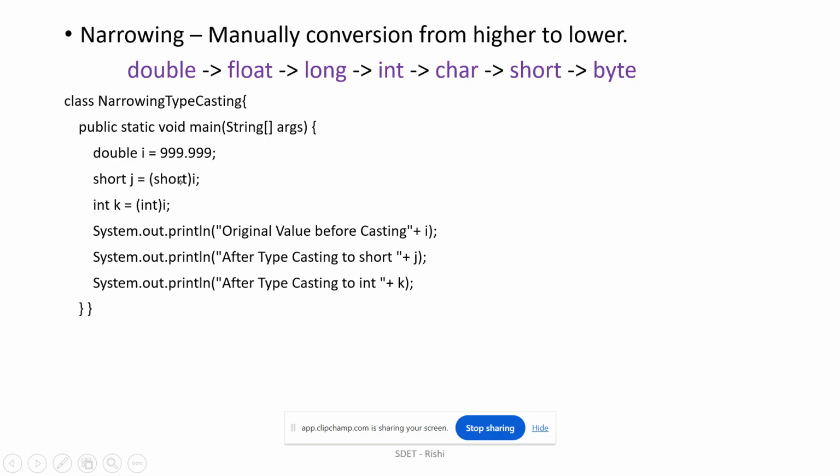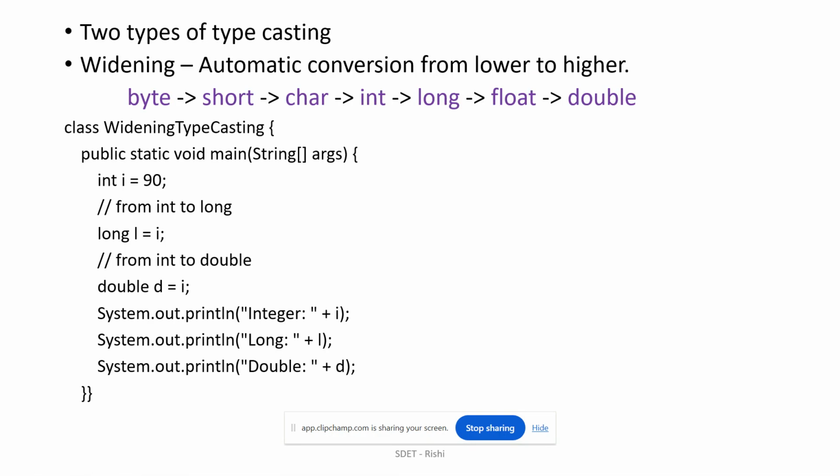So we are explicitly writing short here, and explicitly writing int here. This is explicit typecasting or explicit conversion, and this is implicit, it is happening implicitly. Okay, so let's come here.